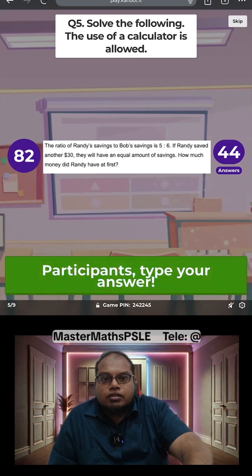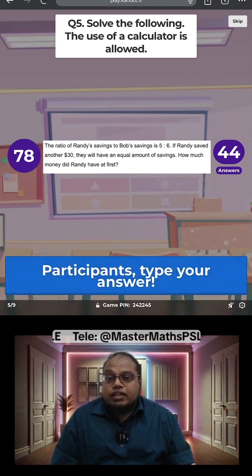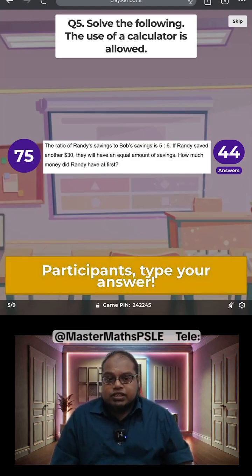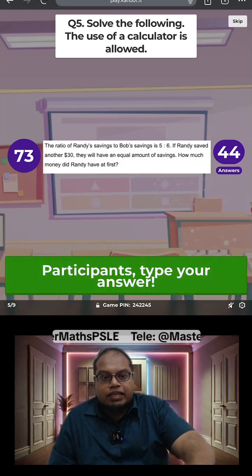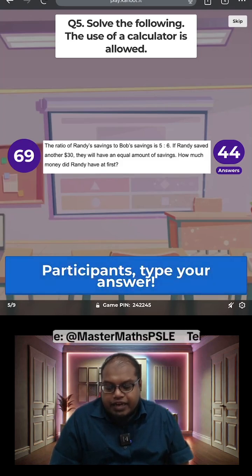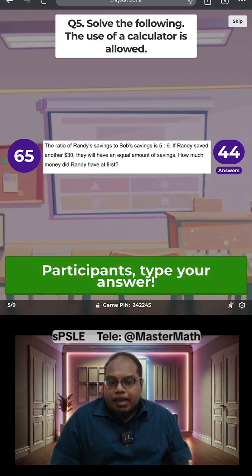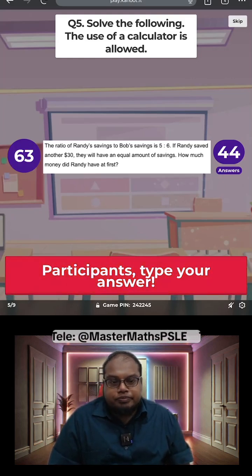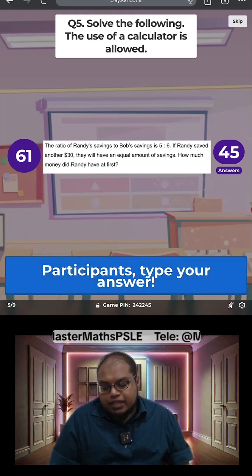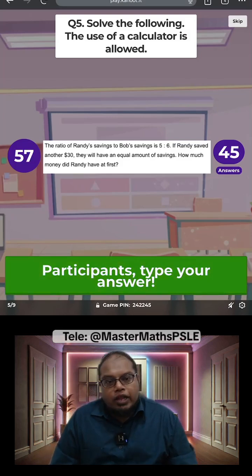Now remember we started off with 5:6 and we end at an equal amount of money after Randy saved another $30. Is there anything that happened to Bob? Alright, the dollar sign you can put or you can not put, basically all are accepted here.